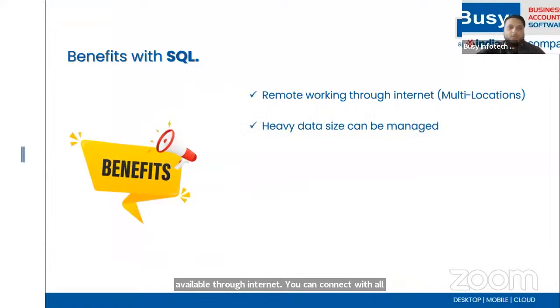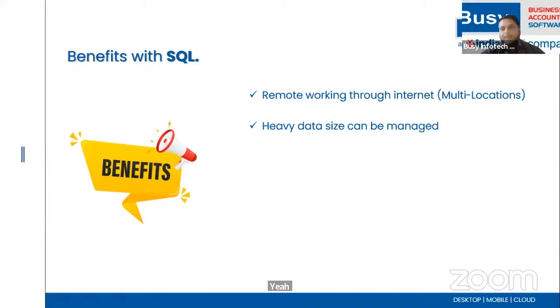Next is, huge data size can be managed. Suppose your number of transactions in a day is higher, then your data size will increase. So in SQL database, you can easily manage your huge data size, like when your data is more than 2 GB, 3 GB, 10 GB.